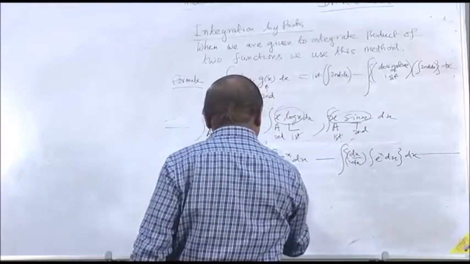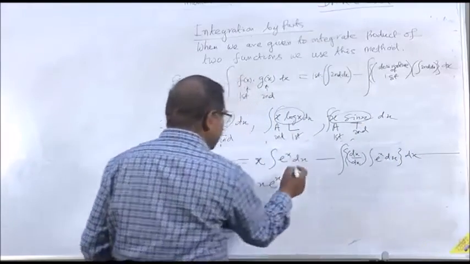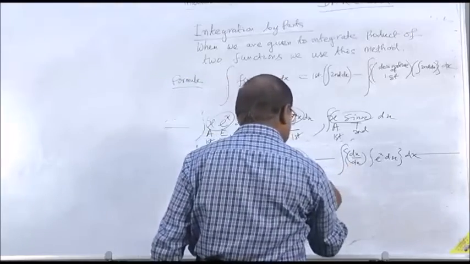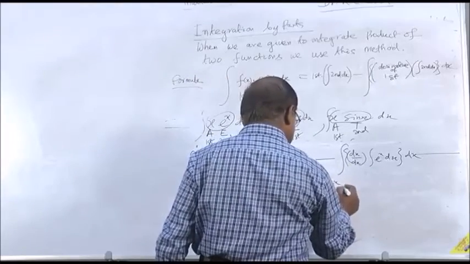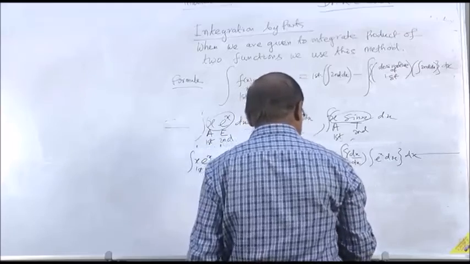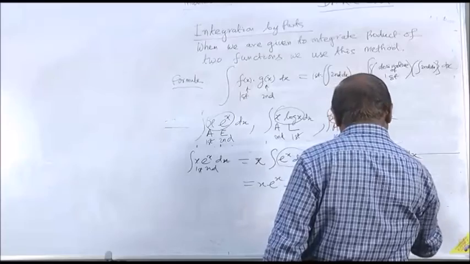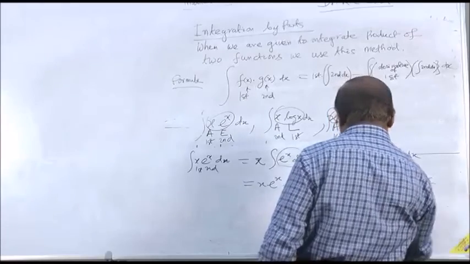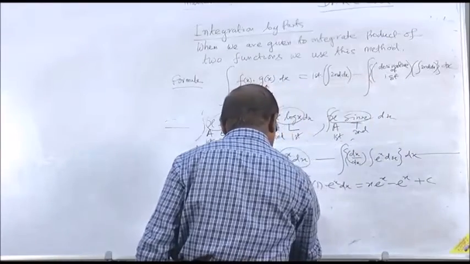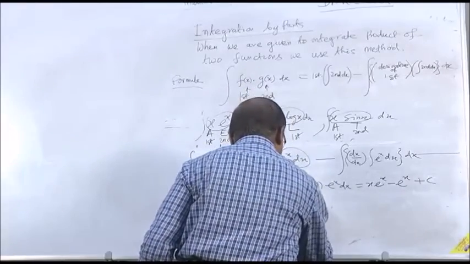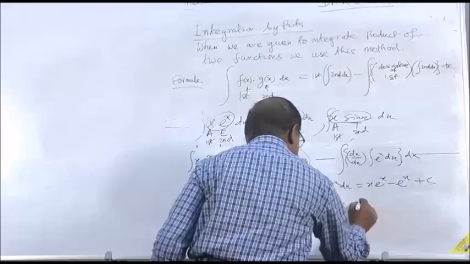So this should be x into e to the x, because we know that integration of e to the x is the same e to the x, and here dx by dx is 1, and this is e to the x dx. So ultimately x e to the x minus e to the x plus c. If you take e to the x common, this is e to the x times x minus 1, plus c.